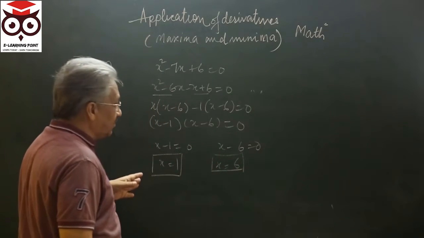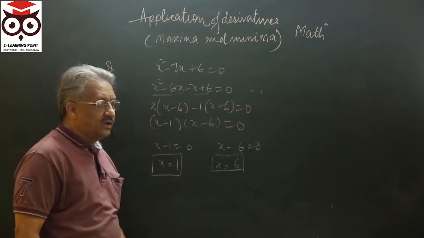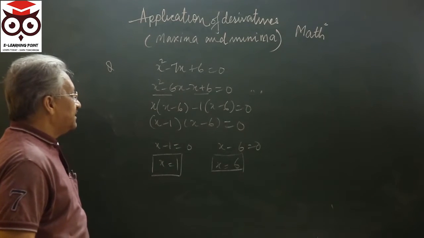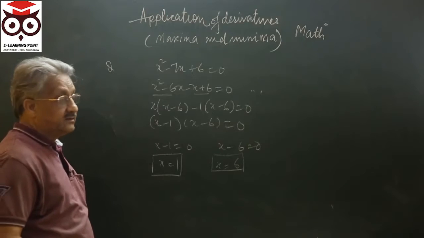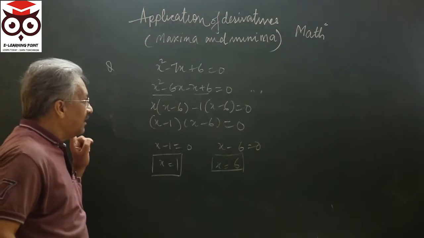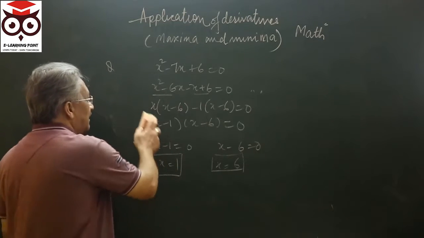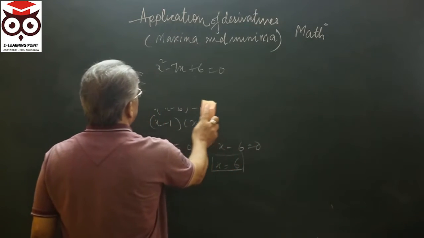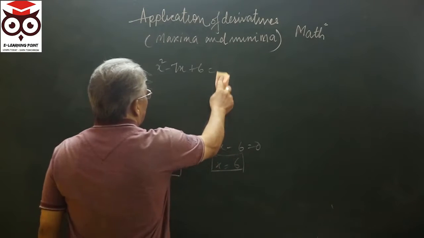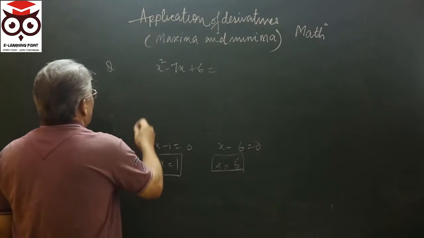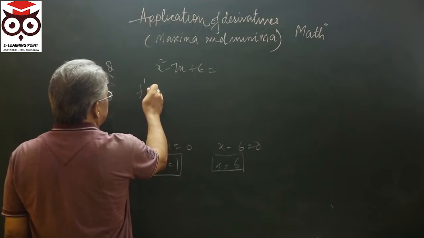But I don't know whether x is equal to 1 and x is equal to 6 is a point of local maxima or minima, right? So now it is the turn of differentiation.